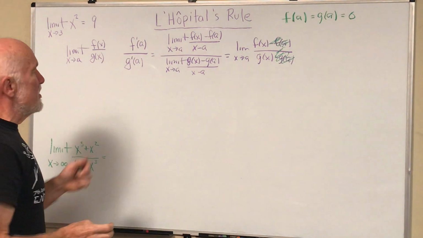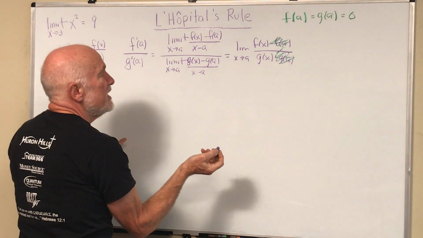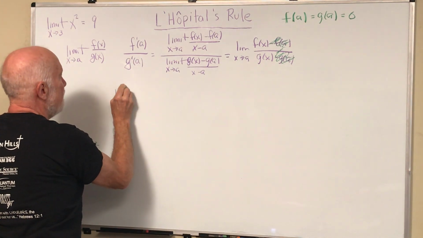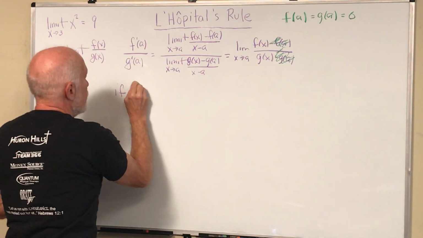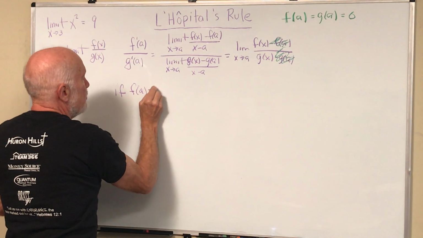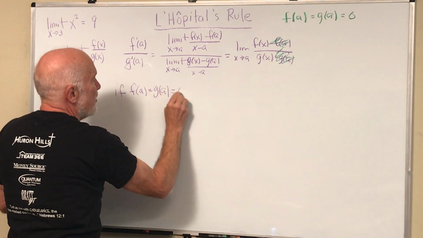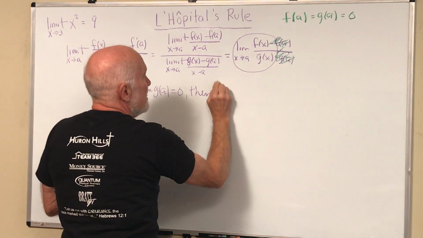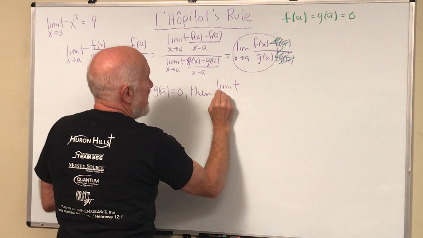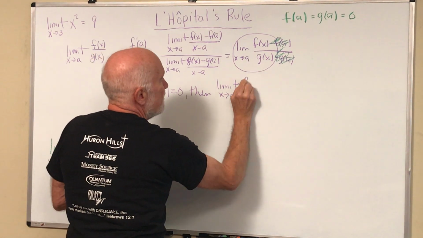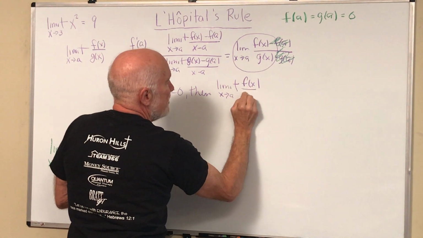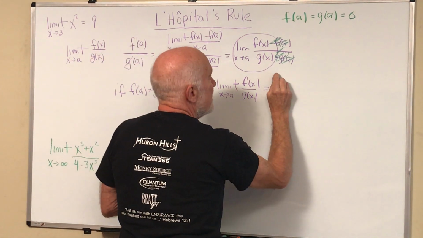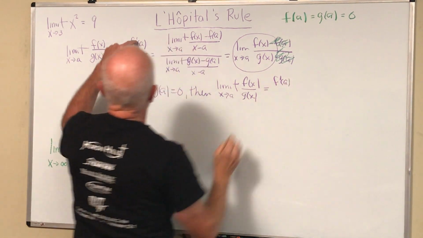So now we can make a theorem or a rule. Forget about the in-between part here. We can say if the assumption is true, if f of a equals g of a equals 0, then this limit right here, the limit as x approaches a of f of x over g of x equals f prime of a right here over g prime of a.